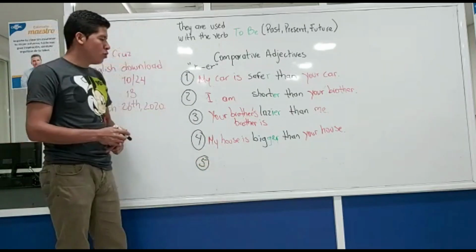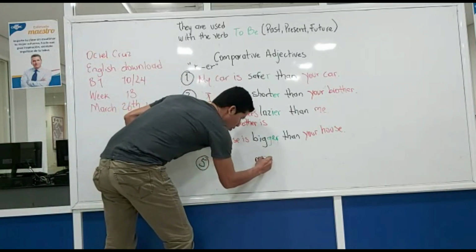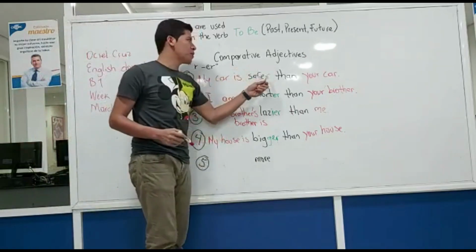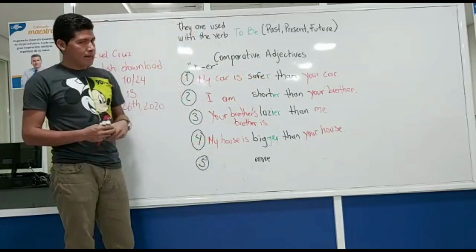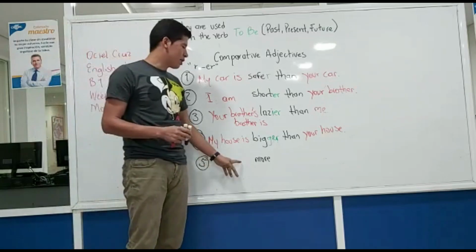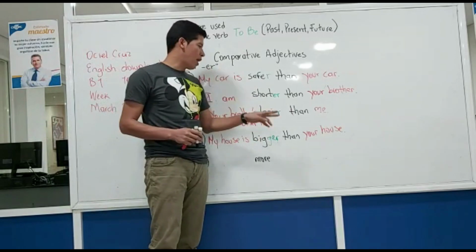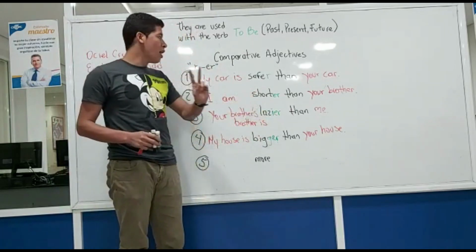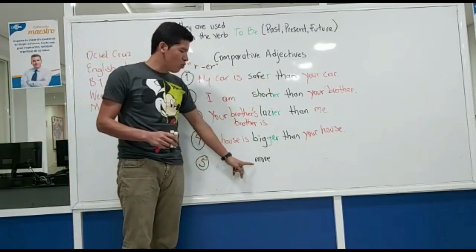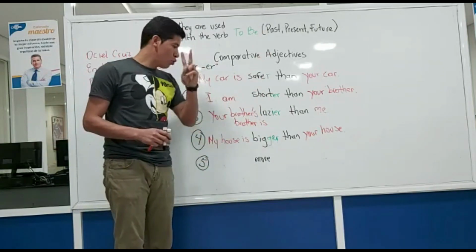I always use more when I use adjectives that are formed by two or more syllables. Okay, for example, big is one syllable, lazier has two syllables, shorter has two syllables, and safer has two syllables. But I need to use more with adjectives of more than two syllables.